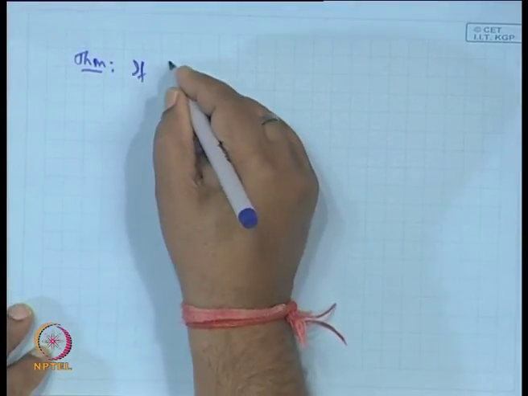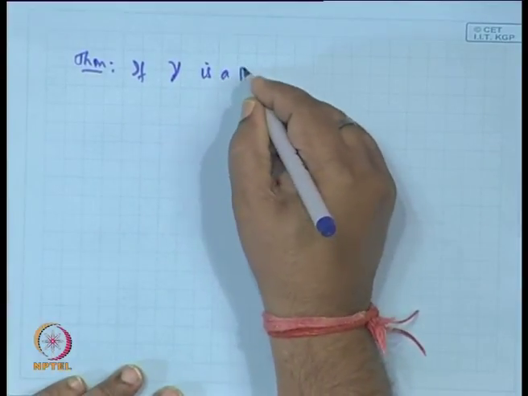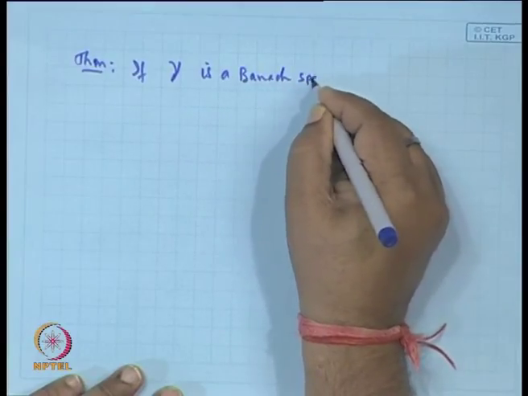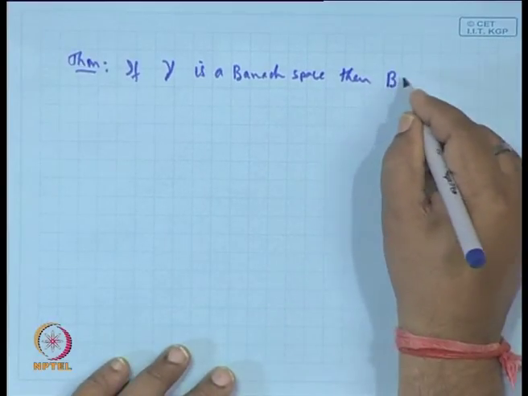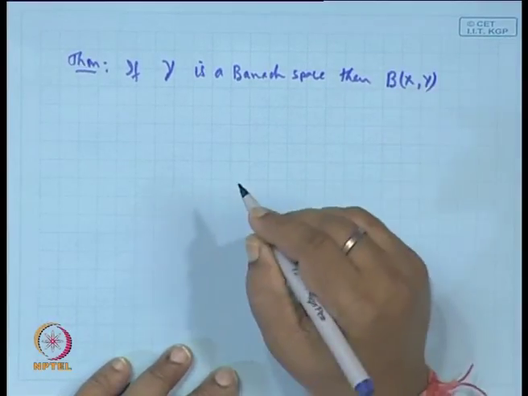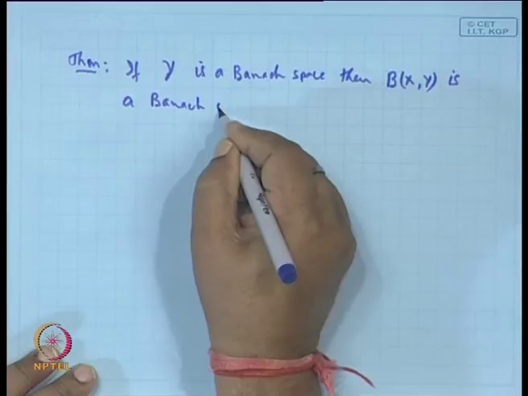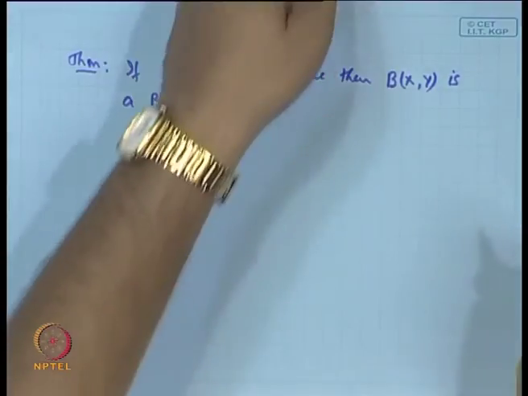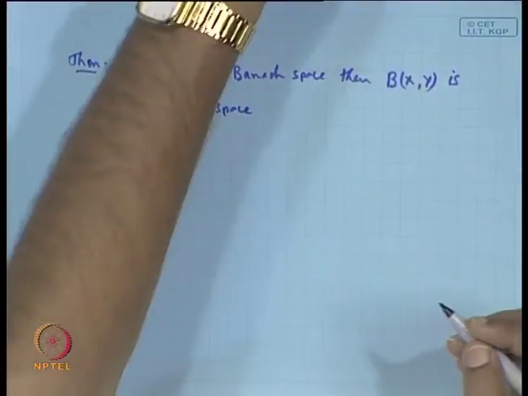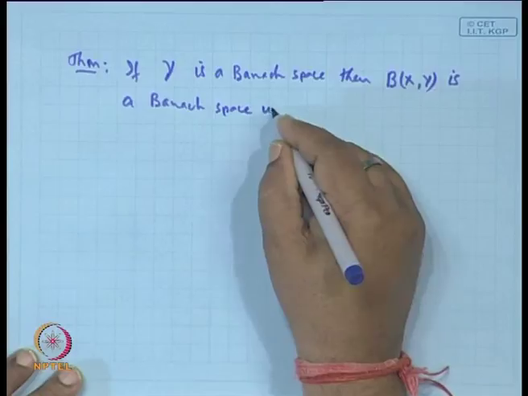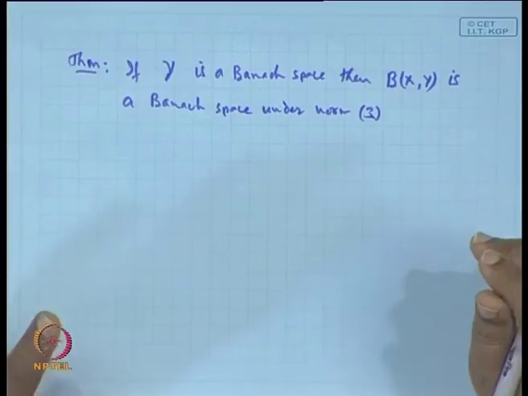So if capital Y is a Banach space, then the set of bounded linear operators from x to y is a Banach space under the same norm, under the norm 3.